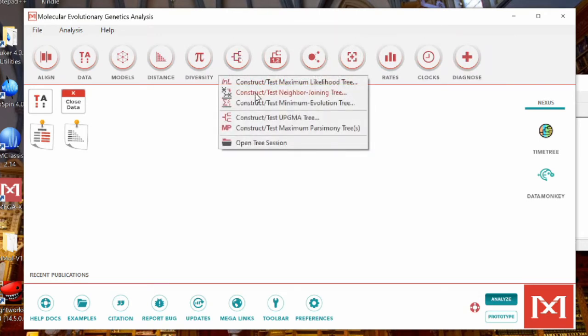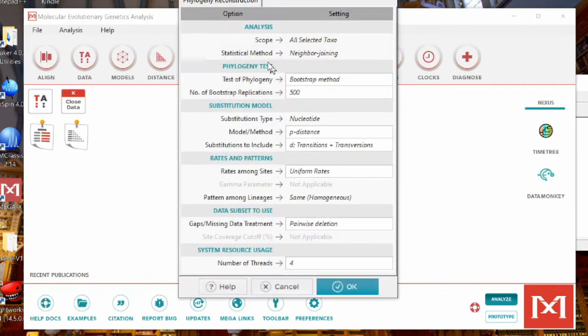So let me try other methods, like fast methods. These three are fast methods, and these two are relatively slower. Here again I have options, and I will do bootstrapping. It's practically the same, but neighbor joining. We're going to get some information about this method later.